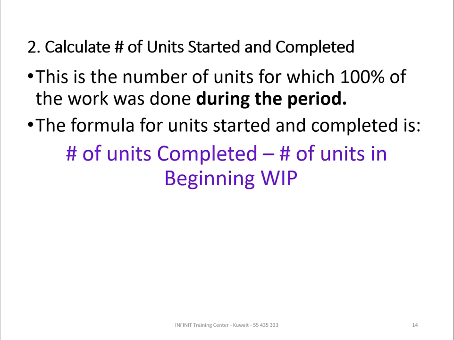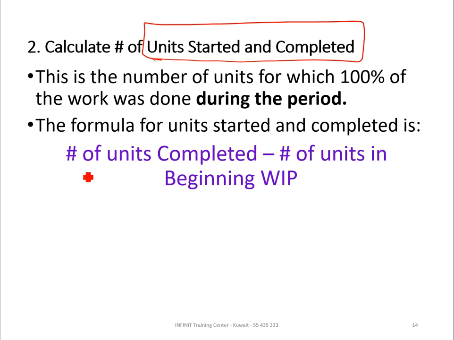Now, second step, calculate the number of units started and completed. I want to calculate now how many units I have started and completed during the period. So I have my completed number of units for the period, but were all these units started this period? No, there was some opening inventory, so that we have to subtract to find out how many units were started and completed.